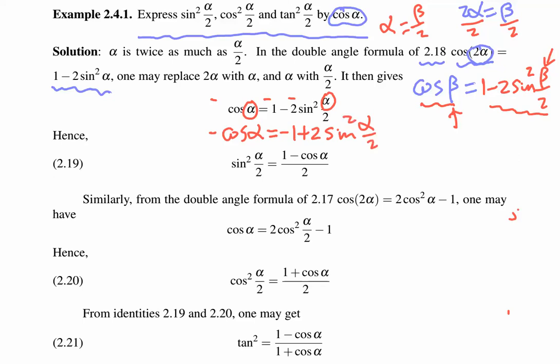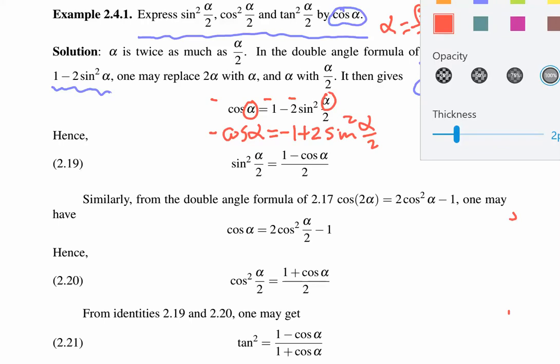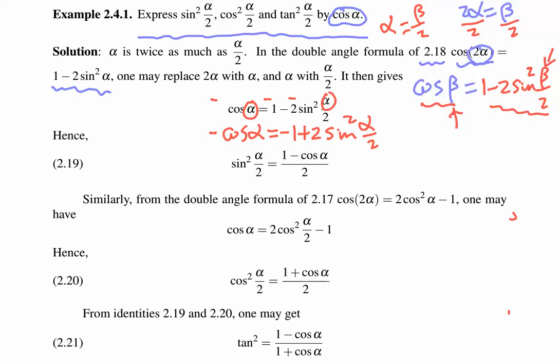Okay. So then, if we add 1 on both sides, these two will be cancelled. This one and this one will be cancelled. So what you get is 2 sine alpha over 2 squared on the right-hand side.